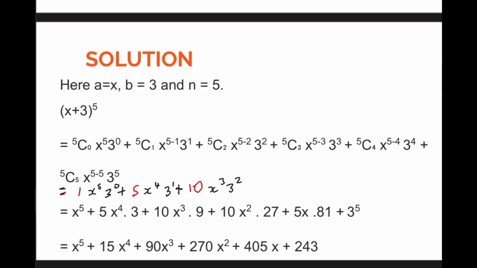And then we're going to be adding 5 choose 3, that is another 10, right? Another 10, x now to the 2nd power. So 5 minus 3 is 2, and then 3 to the 3rd power.